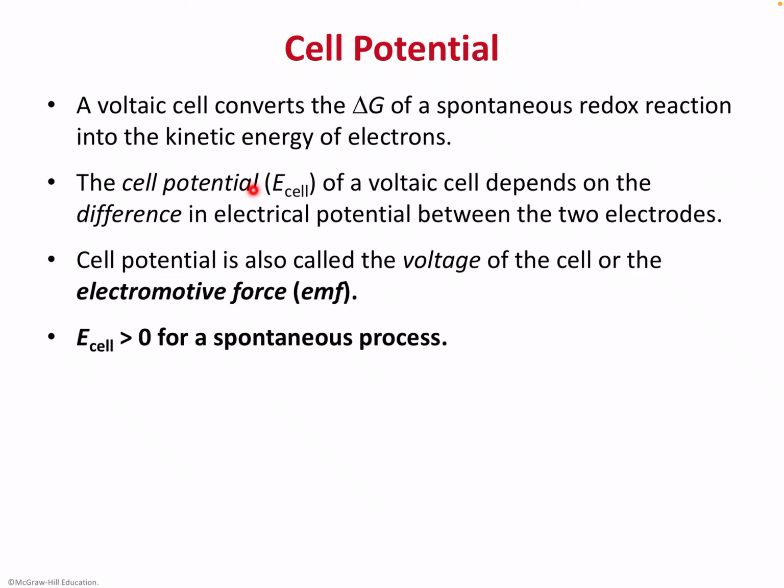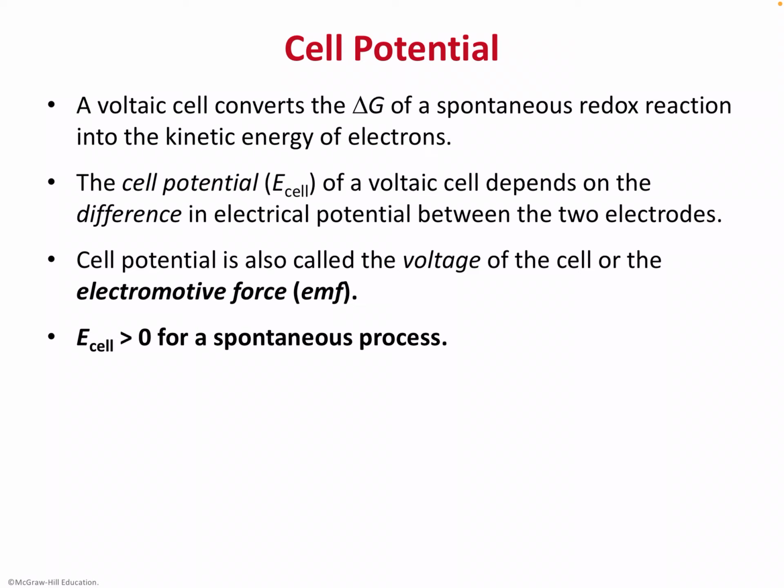The cell potential is given the symbol E cell of a voltaic cell and depends on the difference in electrical potential between the two electrodes. Each electrode has a different potential.